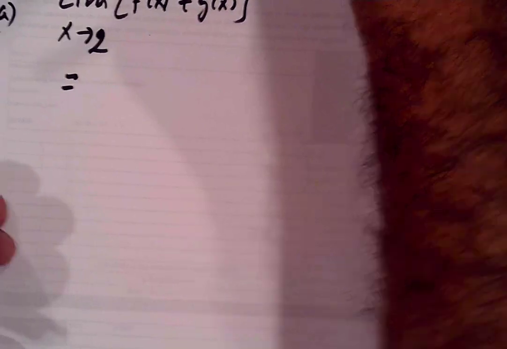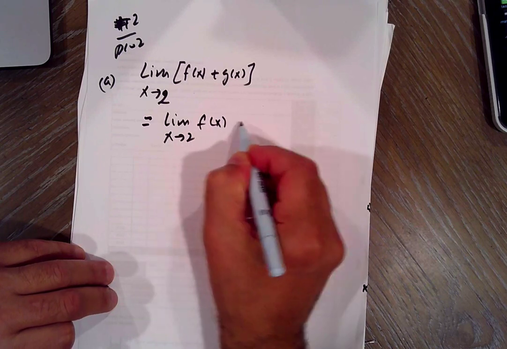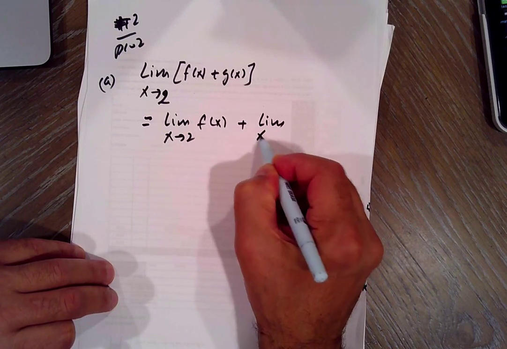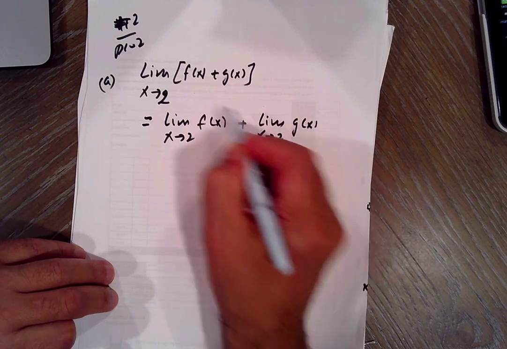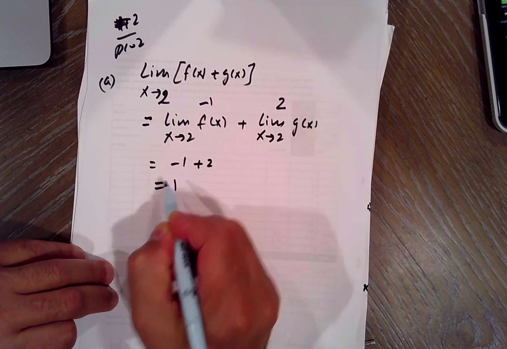So this is the limit as x goes to 2 of f of x plus the limit as x goes to 2 of g of x. Remember, this is -1 and this is 2, so -1 plus 2 is 1.